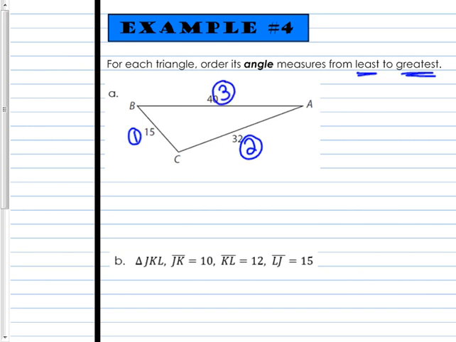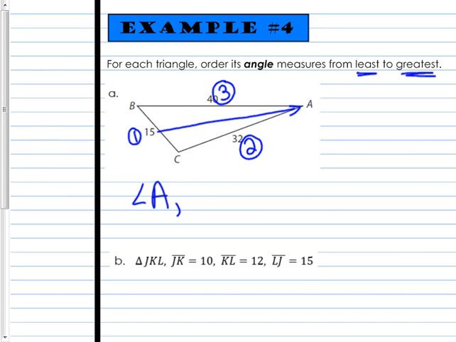So since BC, which measures 15, is my shortest side, I'm going to look at the angle that's across from that side, which is angle A. So angle A is my smallest angle. And then my second smallest side, or my second shortest side, is CA. Okay?